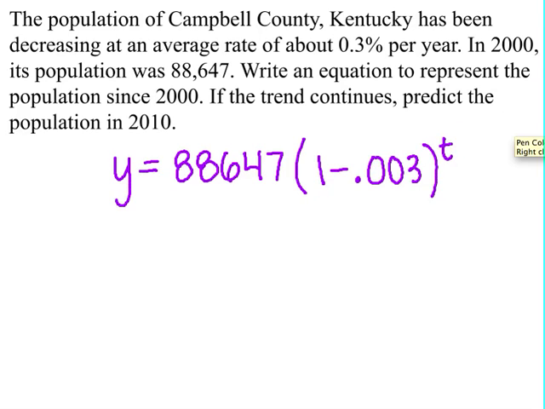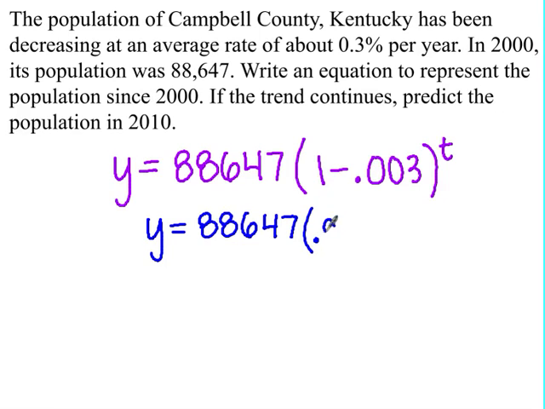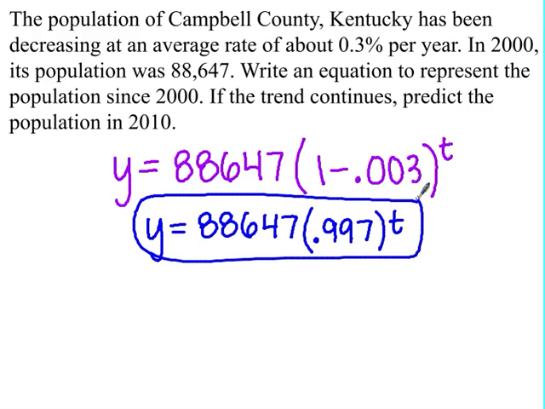So let's simplify the parentheses. So y equals 88,647 times what? 0.997. Good job. To the t power. Okay, so now, what am I going to plug in for t? 10.